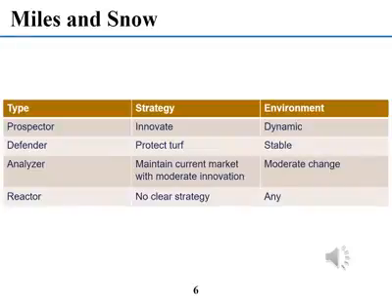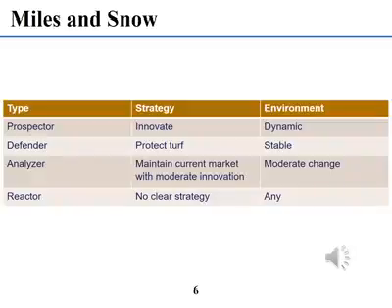Miles and Snow addressed marketing strategy by identifying the 4 types of organizations based on how they approach strategy. The 4 types are prospector, defender, analyzer, and reactor. There's no one better strategy as long as your organization is not a reactor.